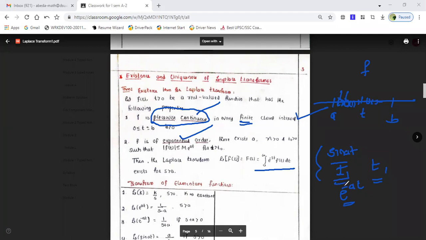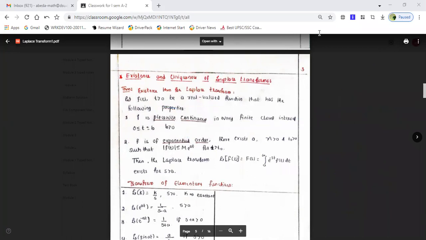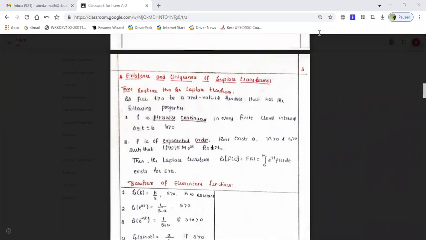Please remember that these are the two conditions for existence, which is why it is called the existence theorem for the Laplace transform. And the Laplace transform, if it exists, will be unique.